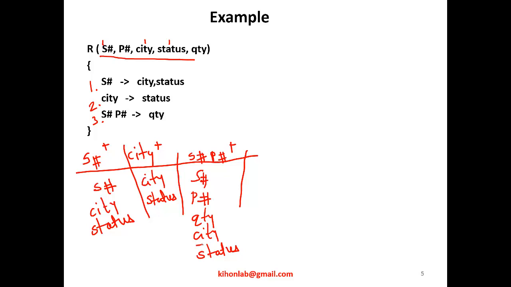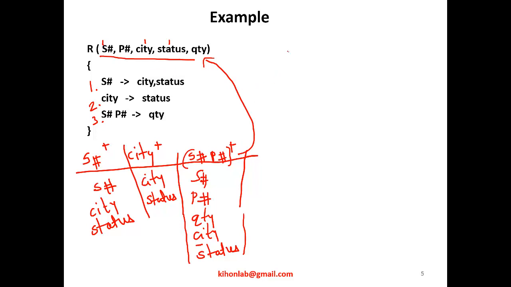Then CT derives status, already both attributes are added into the final result and no more attributes remain. So this S# P# closure derives all the attributes from the given relation R: S# P# CT derives quantity and status.